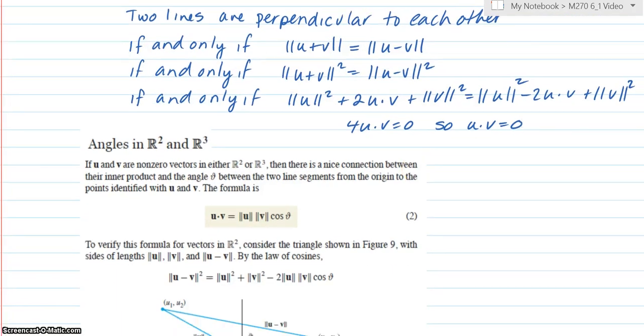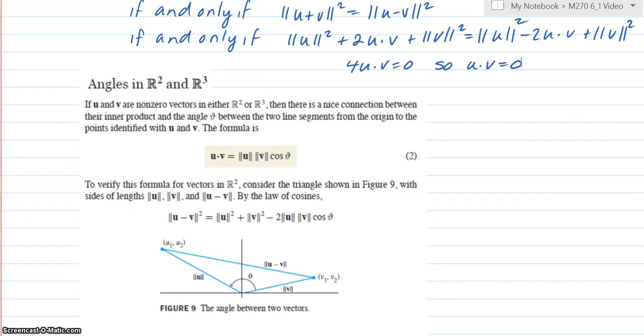There's a special formula that only works in R2 and in R3 for u dot v. U dot v is the length of u times the length of v times cosine of theta. And you can see when theta is 90 degrees, u dot v would be equal to 0. So it does look like a reasonable formula.